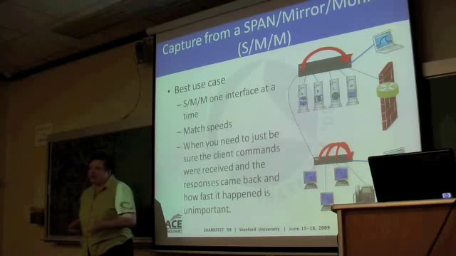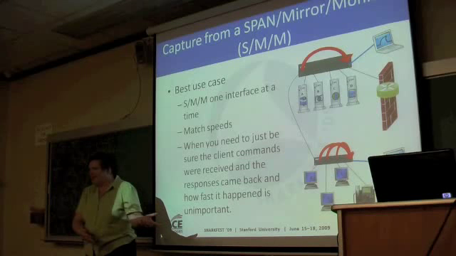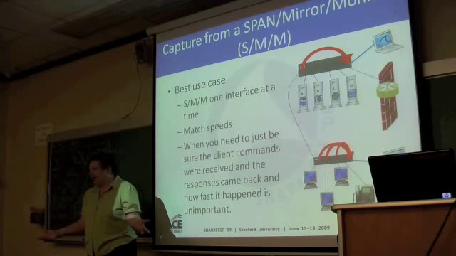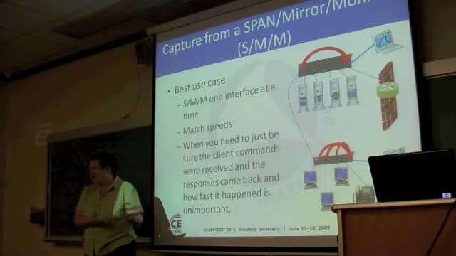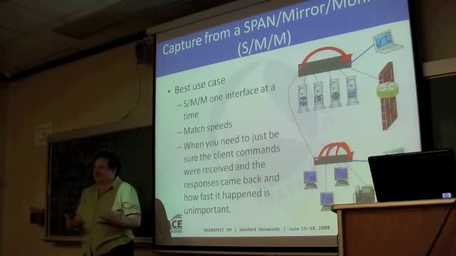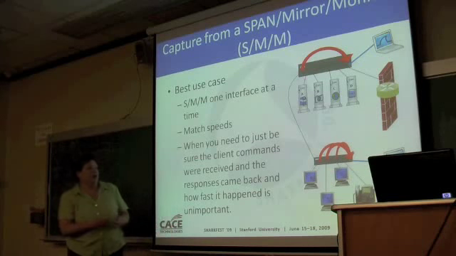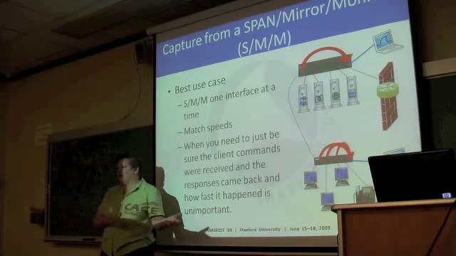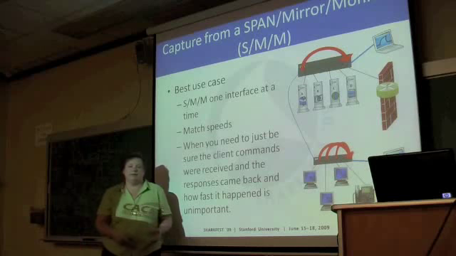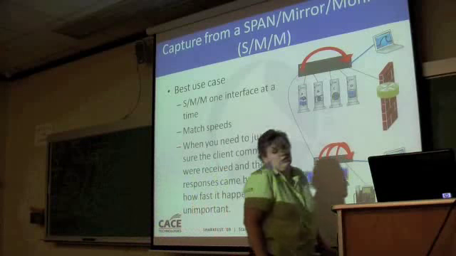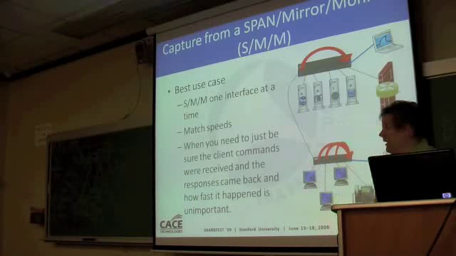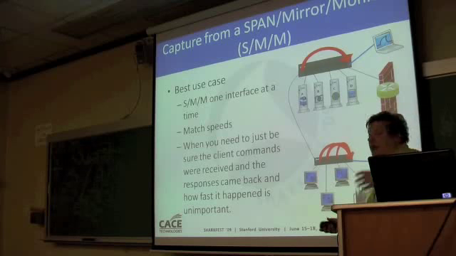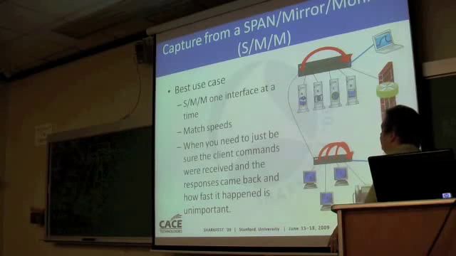In that environment, spanning is perfect because your switch is already there. You don't have to do anything. You just set the configuration up and you're done. That's great. Okay. But if my goal is to see how fast it happens, then what I want to do has changed. So if my goal is just to make sure that the server does respond something, I don't care what, then okay, fine. Then spanning is a great thing.